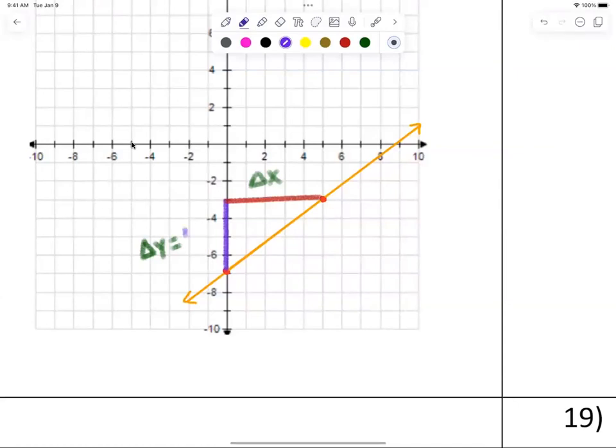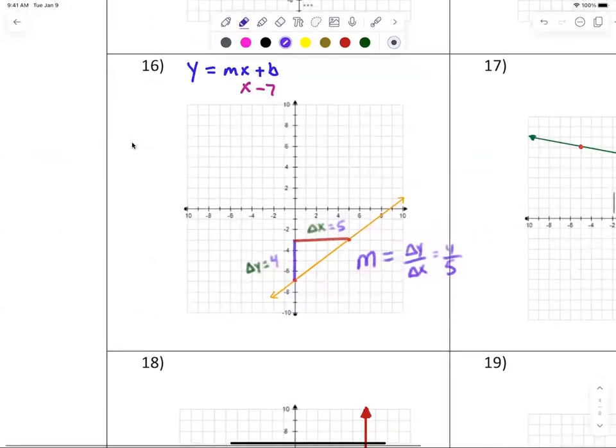Anybody else get 4? Is it positive or negative? Because I went what? Up. Delta x is how much? 5. So now everybody understands m equals delta y over delta x. What is it? 4/5. Beautiful.